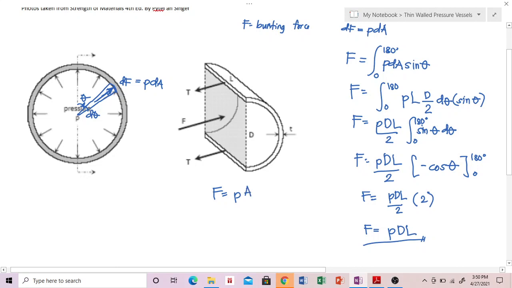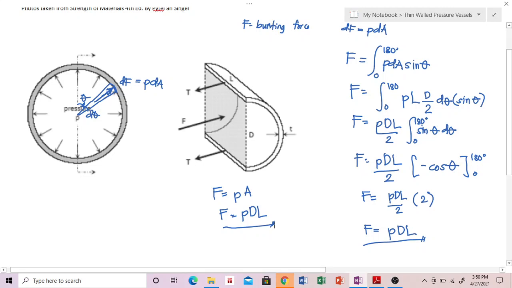The area na i-consider natin is D times L. This one, itong shaded portion. So, F is equal to PD multiplied by L. Okay? So, same lang yun. Pero, by using calculus, yun talaga yung equivalent yung F. P times D times L. P as the internal pressure, D as the diameter of the vessel, L as the length of the cylindrical vessel.